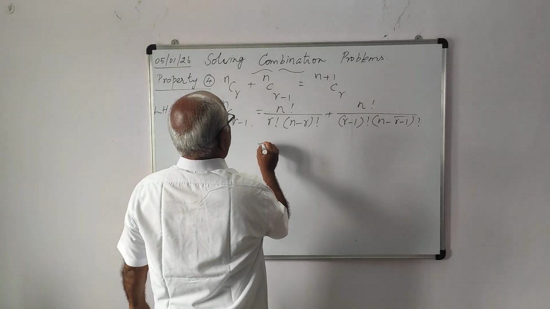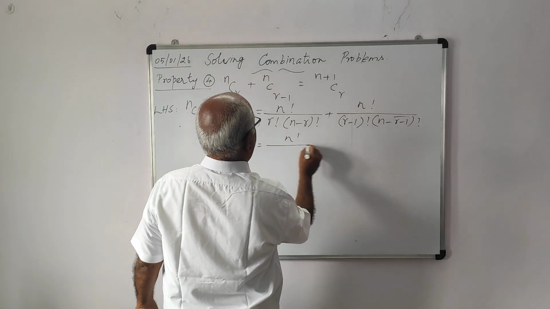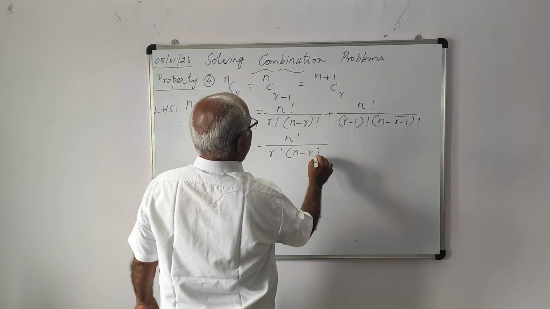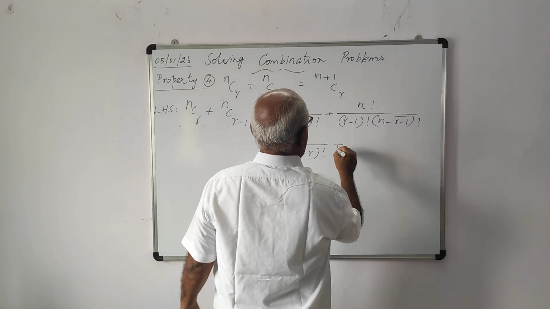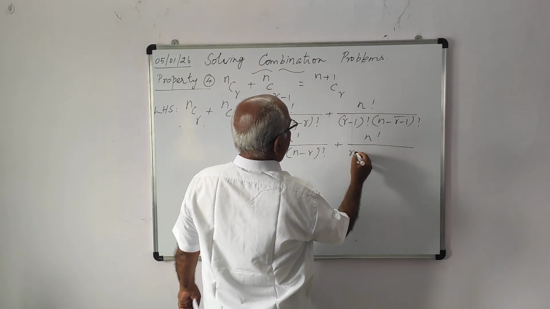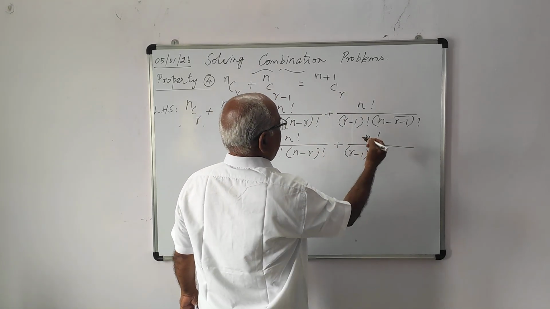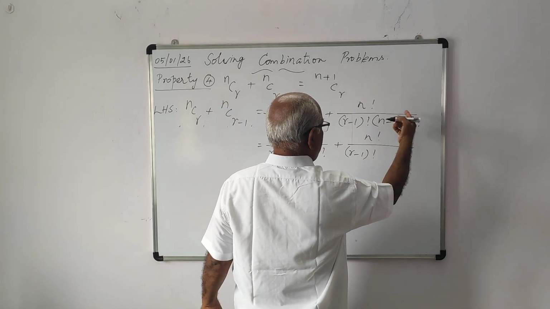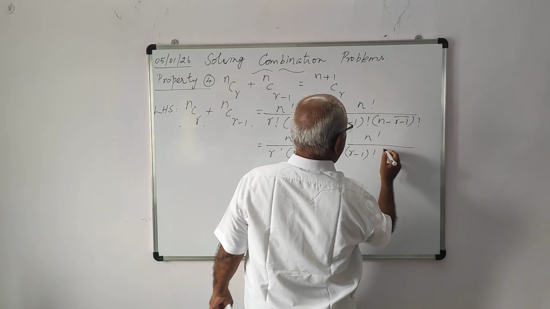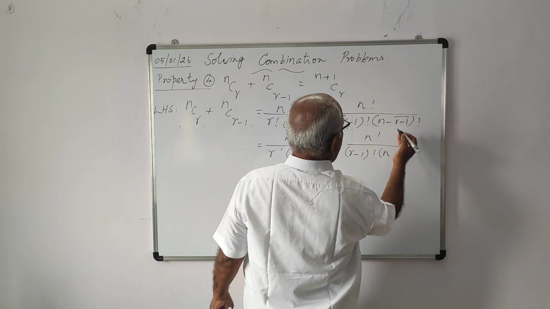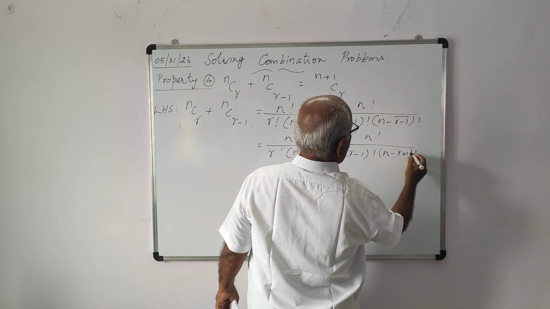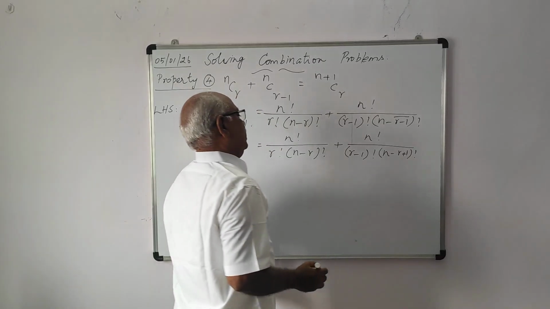So this is equal to n factorial by r factorial into n minus r factorial plus n factorial by r minus 1 factorial into n minus r plus 1 factorial.